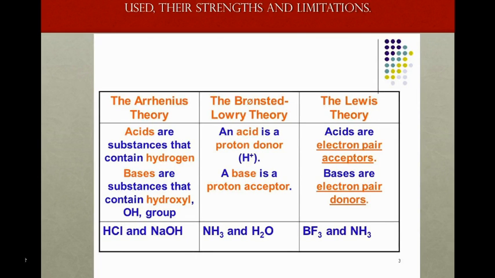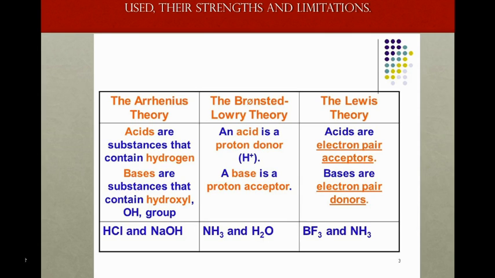One of the first things we have to do is look at the acid-base theories that we already know and see that we're going to have to look at complex metal ions a little bit differently. What do I mean by this?